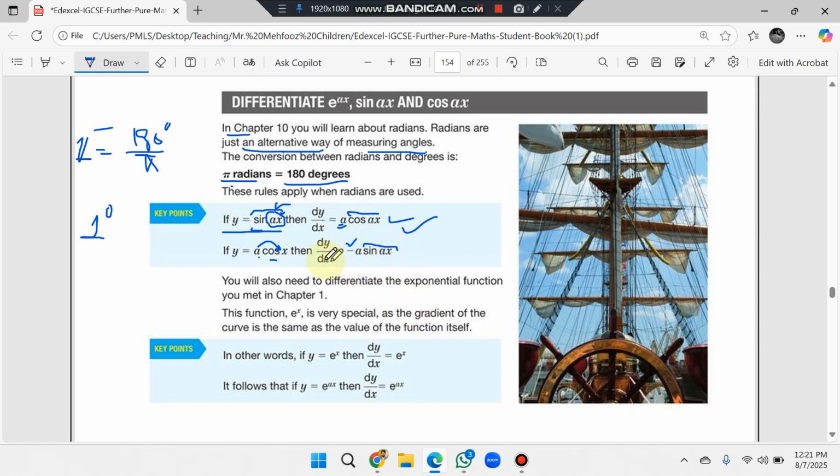No. Okay, and what variable is used in cos ax? That is simply ax. So what is the derivative of ax? That is simply a. So this a is multiplied. So this is the method. You can also write the key points using the chain rule and prove these key points. Understand? Yes.